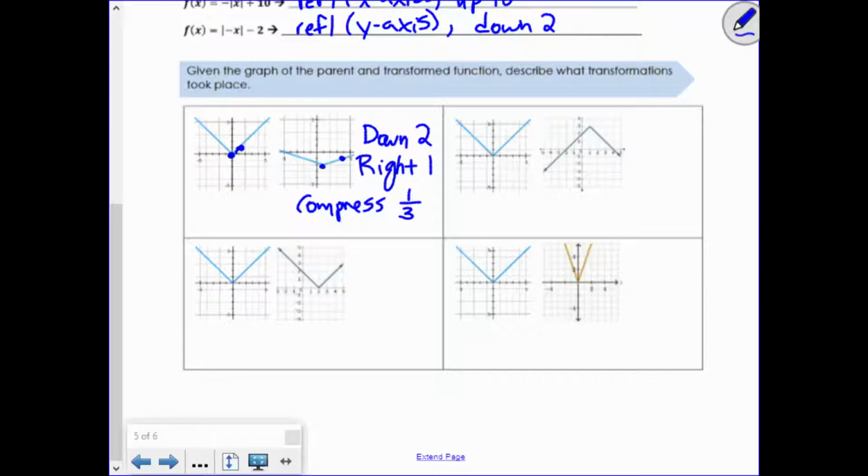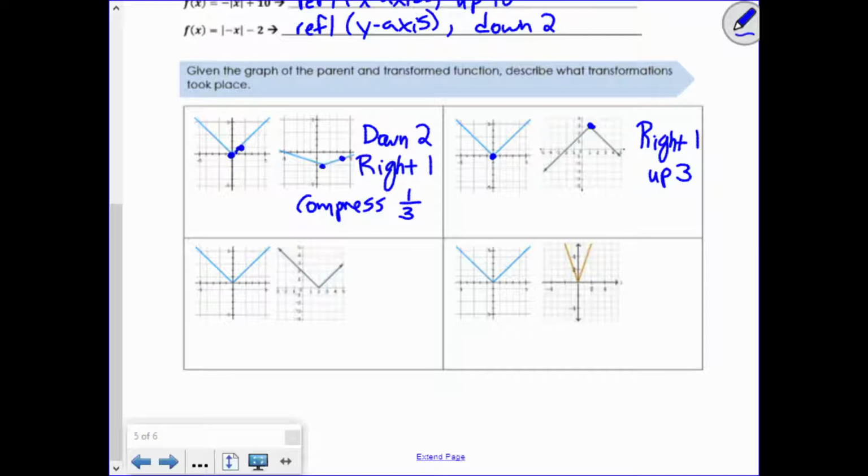Okay. How did this one change? This is where I started. This is where I ended up. It's not down. I went right 1. I can see it shifted to the right by 1. And then it goes up 3.